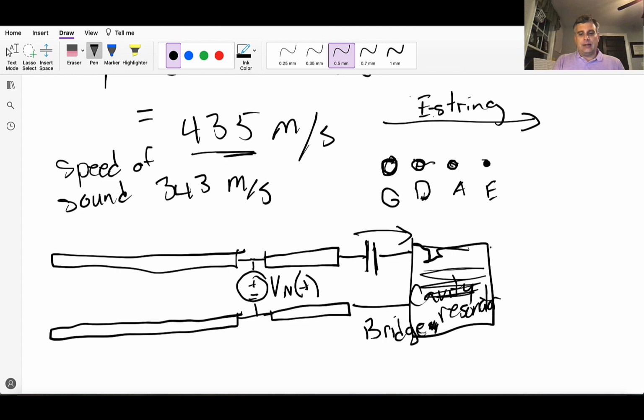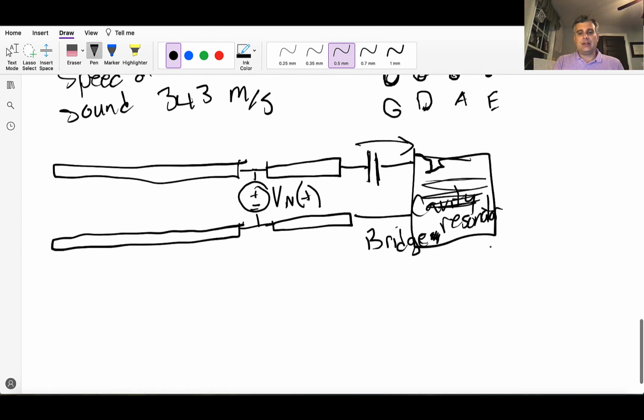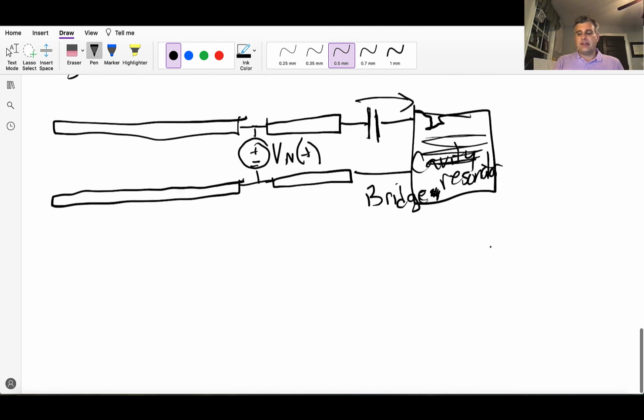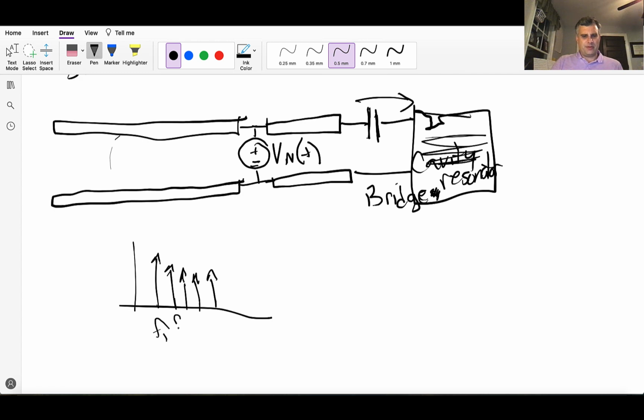So, the interesting thing about cavity resonators, though, is that if you look at their frequency responses, they do ideally have these discrete modes that get excited. And the positioning of these modes is very much a function of the shape.